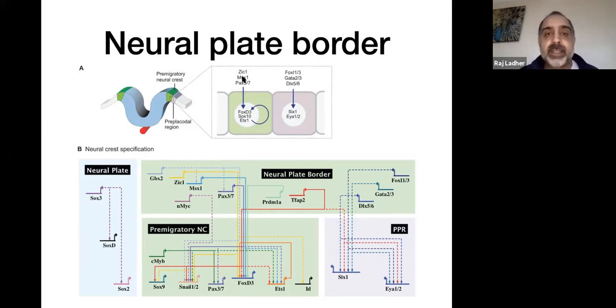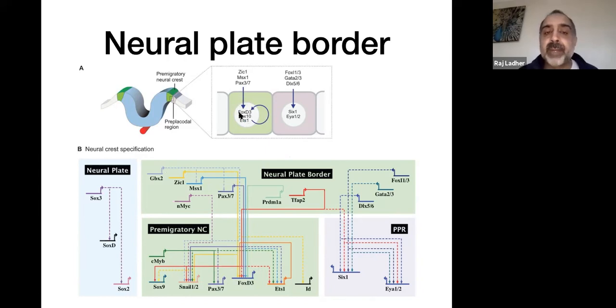These set up genetic networks, and so the gene networks that establish the neural crest have been established. I don't want to go into them in too much detail. Suffice it to say that it's very well established, and these circuit diagrams that show which transcription factors turn on which transcription factors within the neural crest have been well established.